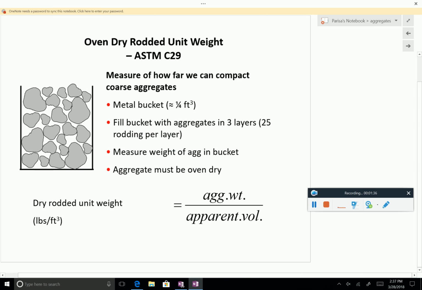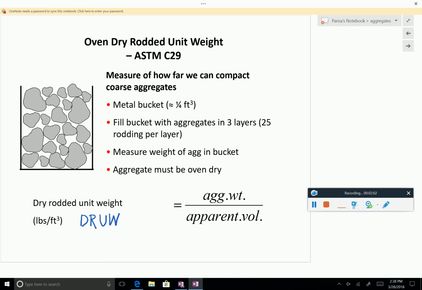Okay. So let's start with the first definition. Dry rodded unit weight. Sometimes you see it abbreviated as DRUW. The name is weight, but this is actually a measure of density.